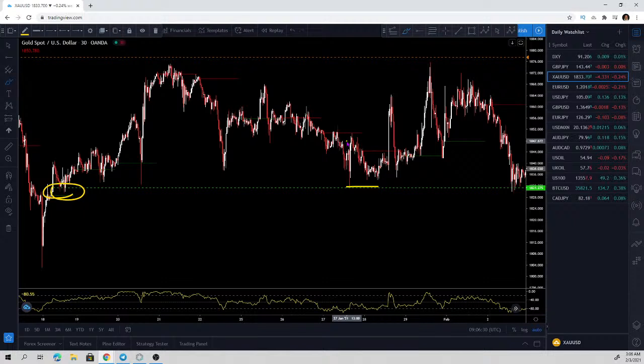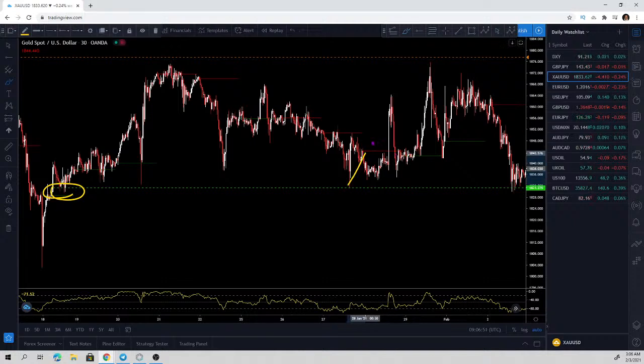Why? Because let's imagine if price came back to the previous lows to retest them, we don't want to be ticked out of a position because our stop loss is too tight.